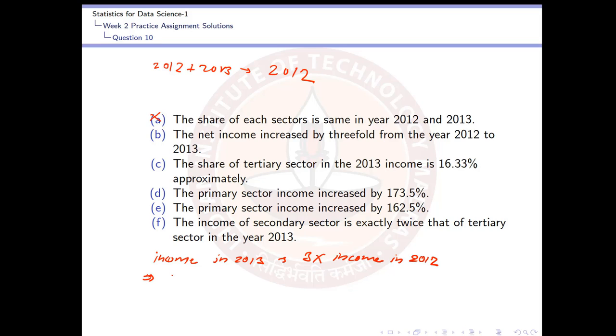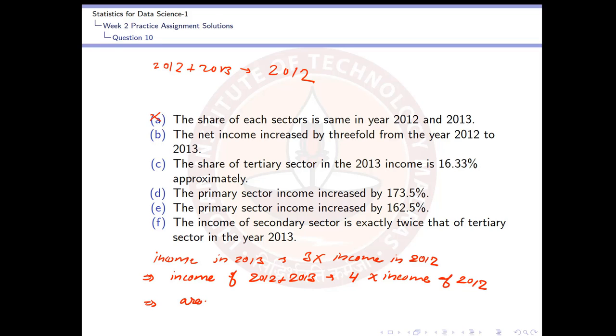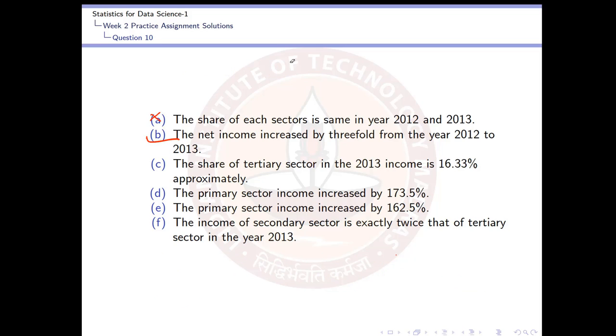That implies income of 2012 plus 2013 together will be 4 times the income of 2012. It is right because the area of the 2012 and 2013 pie chart is 4 times the area of the 2012 pie chart. Therefore, net income will be increased by 3 times the year 2012 in 2013. So B option is right.